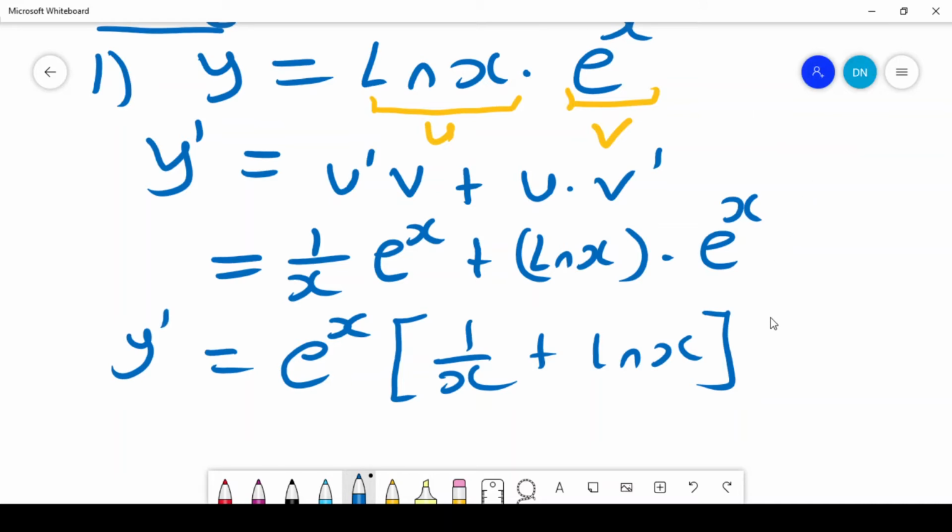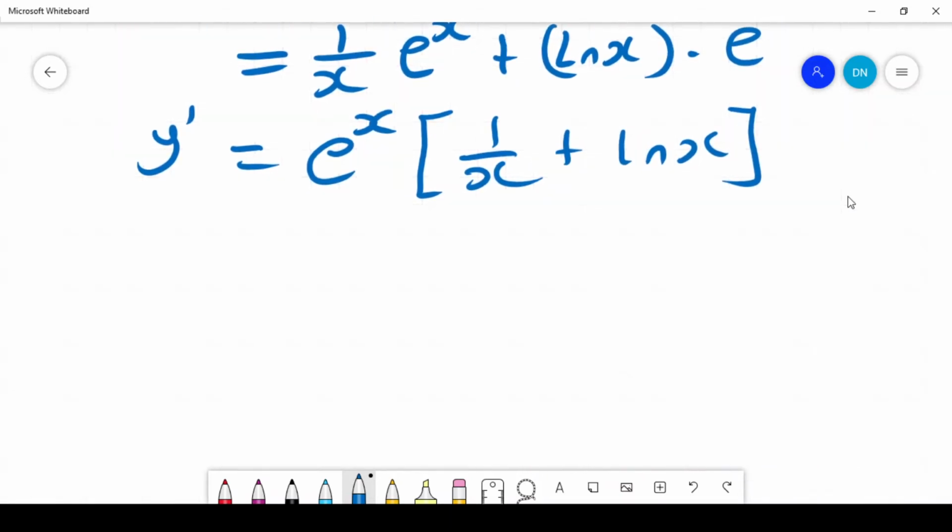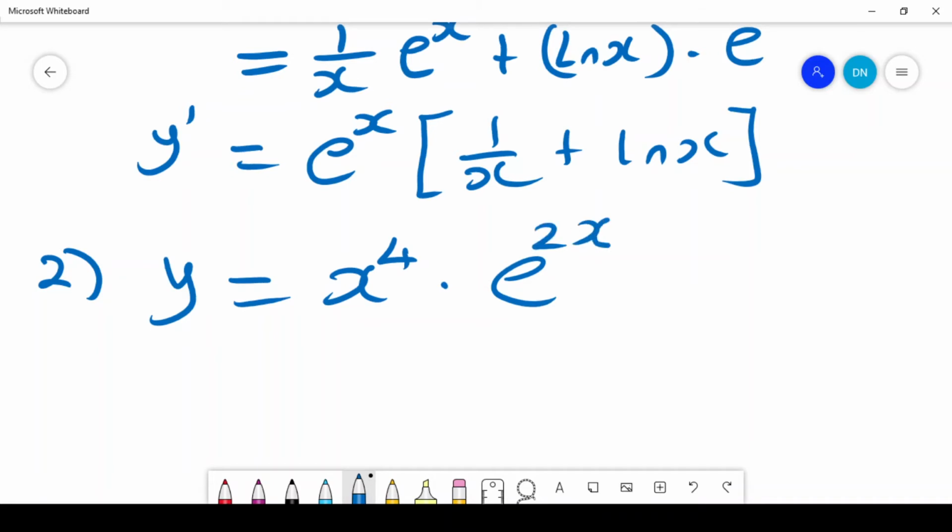Another example I could think about when I'm using a product rule is an example of the form y equals x raised to power 4, maybe times e raised to power 2x.